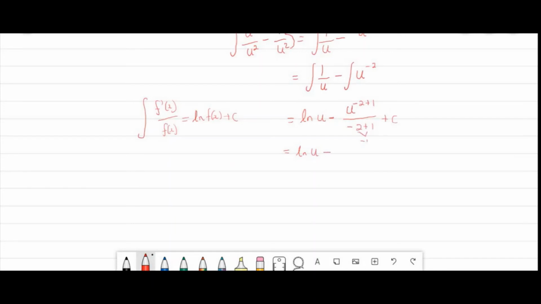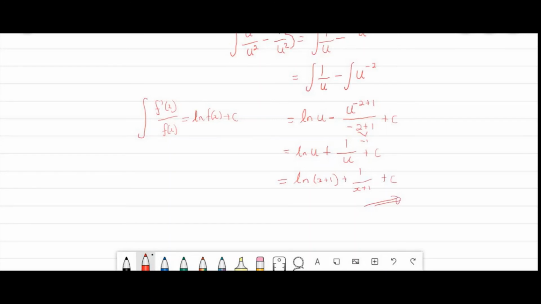So a minus multiplied by a negative should be a positive. So that means I'll have 1 over u plus c. So therefore, our final answer is ln, what is u? We said u is x plus 1, so ln of x plus 1 plus 1 over x plus 1 plus c. So this will be our final answer.